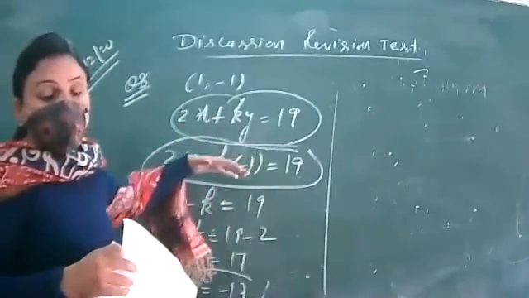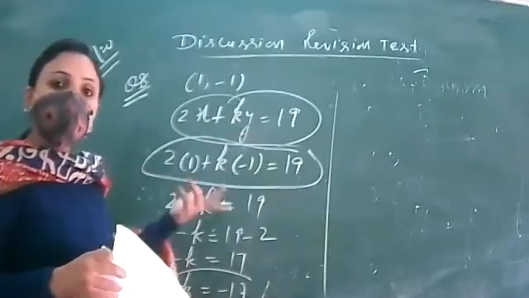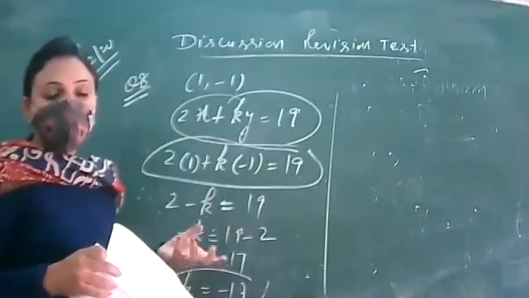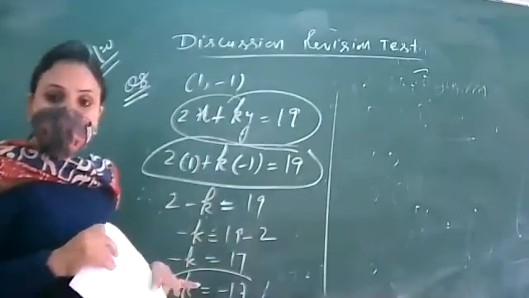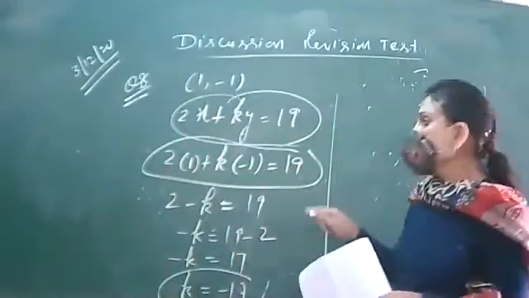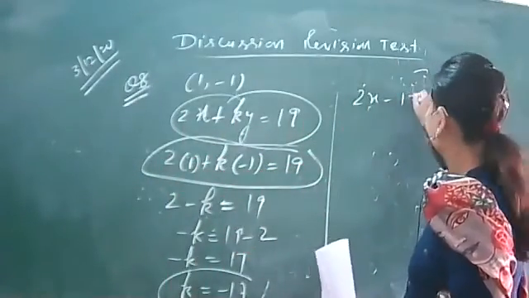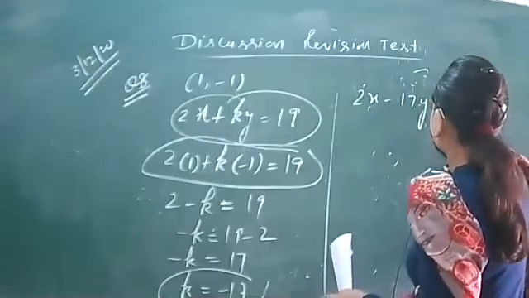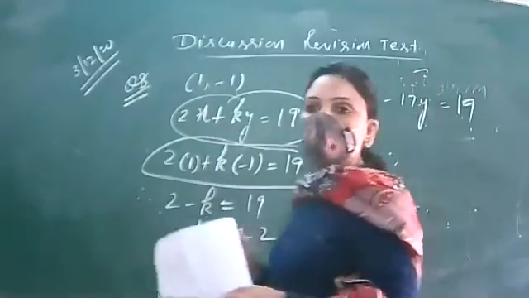They don't put the value of k, and they start finding solution, and they'll never find the solution in that way. Firstly, put this value of k in the equation, because this value of k we are getting. Now you can find the solution.